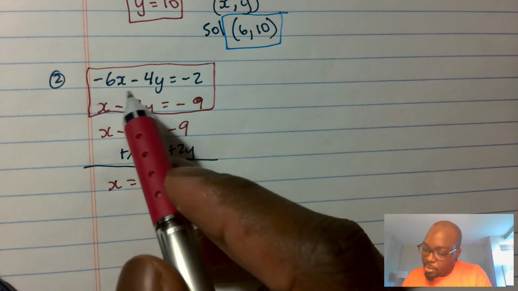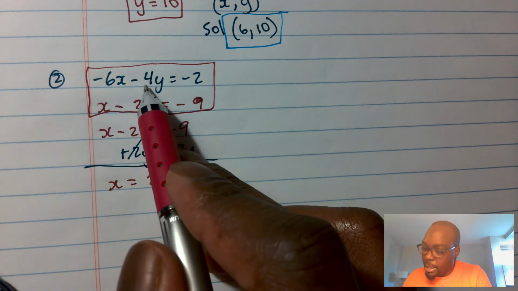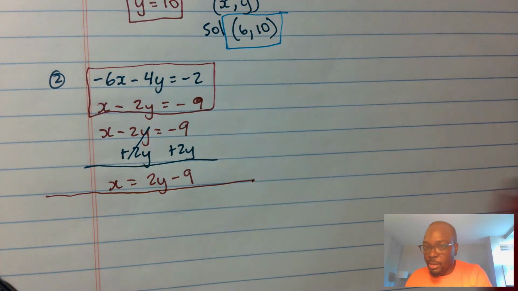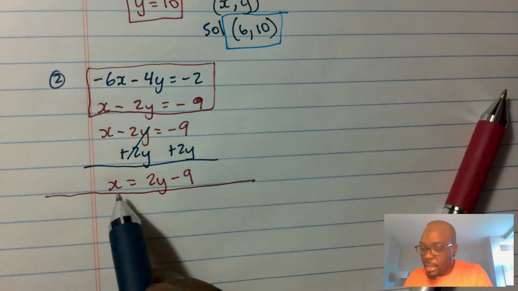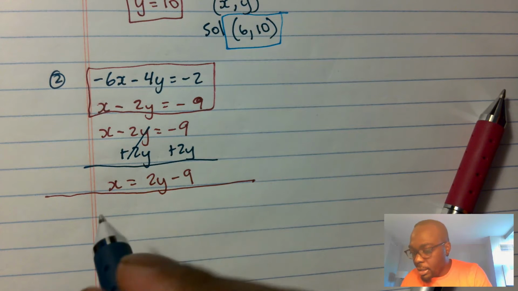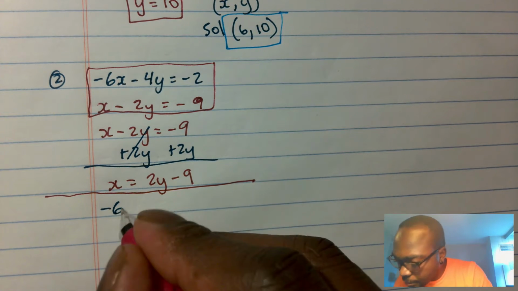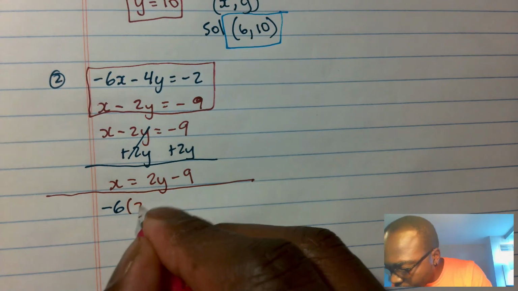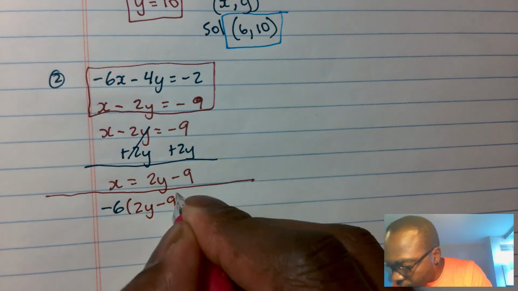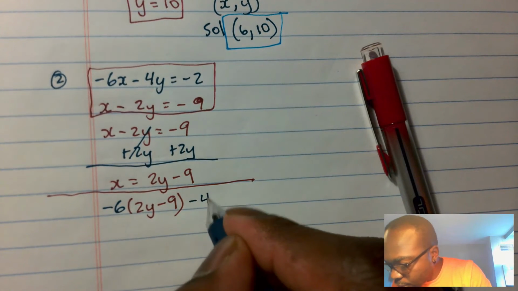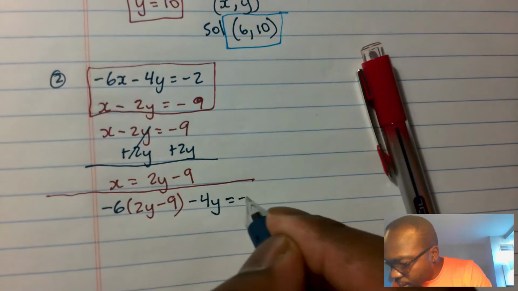So I'm going to go back to the first part here, and let me draw a line so you don't get confused. Wherever I see x, I'm going to replace it with 2y minus 9. So I have negative 6 times x, but x is 2y minus 9. And then I'm going to continue the rest of the equation, so it's minus 4y equals negative 2.